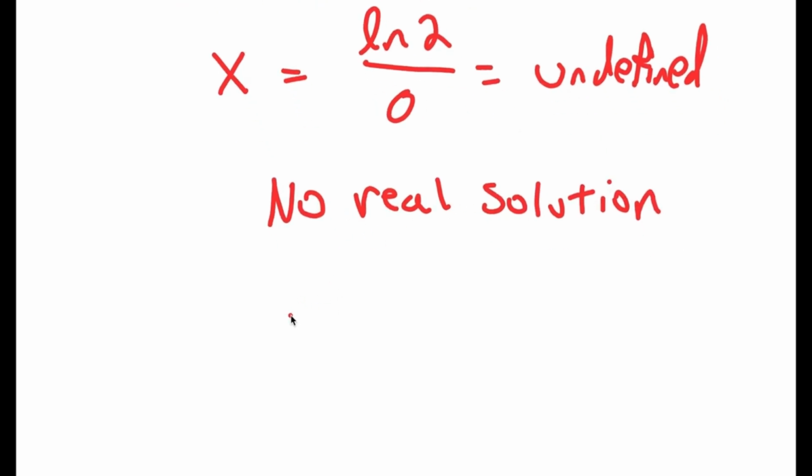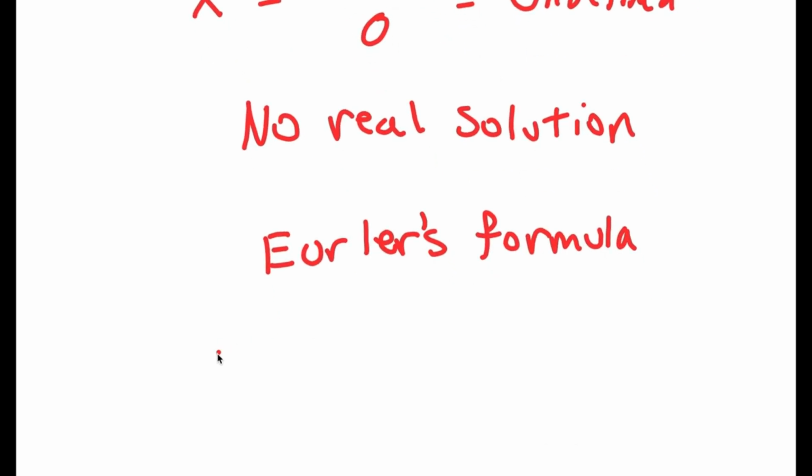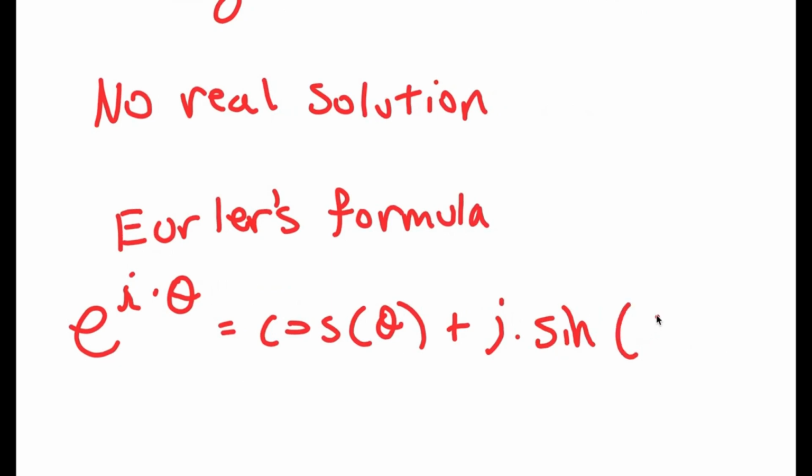So to actually solve this, I'm going to use something known as Euler's formula. Basically, if I have something in the form e to the power of i times theta, this is equal to cosine of theta plus i times sine of theta.